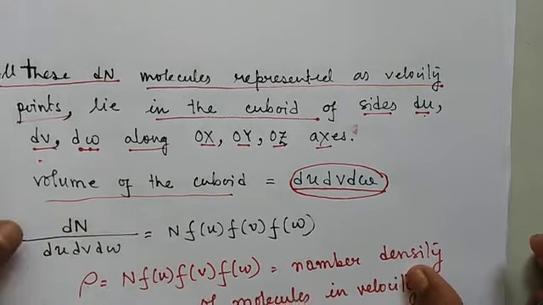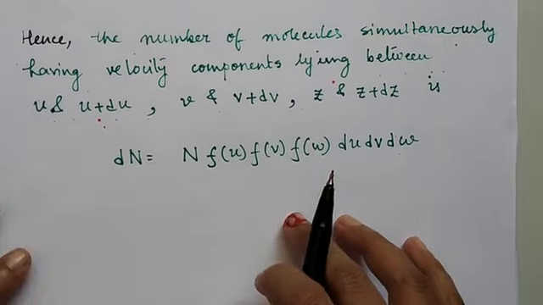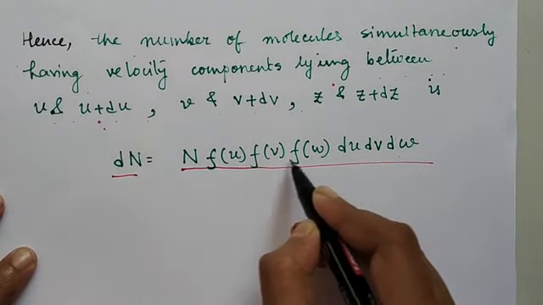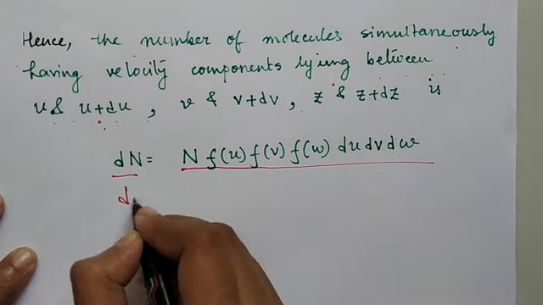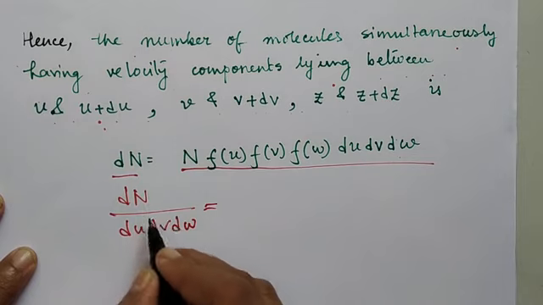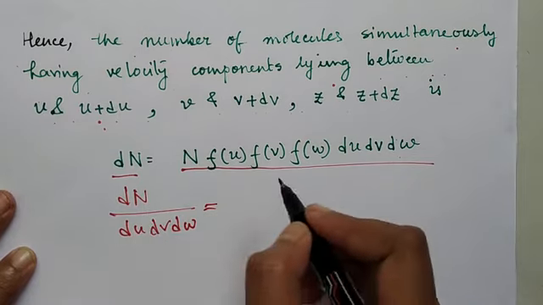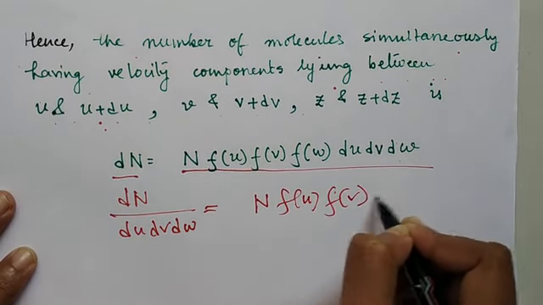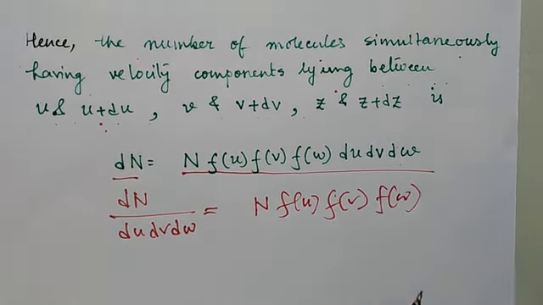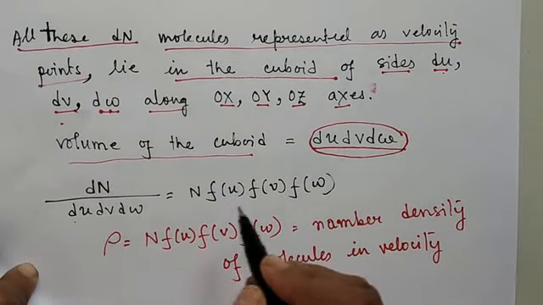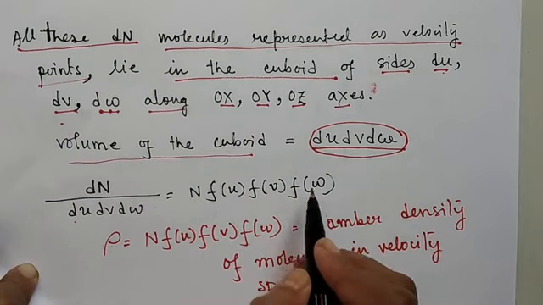We know that dn is equal to n f(u) f(v) f(w) du dv dw. So dn by du dv dw, the number of molecules per unit volume in the velocity space, is n f(u) f(v) f(w).